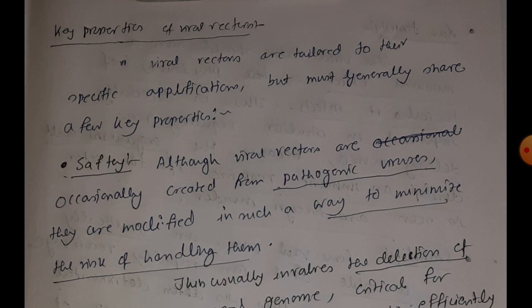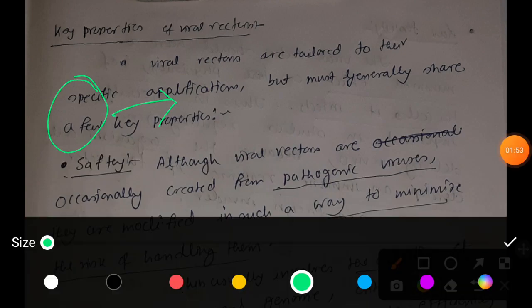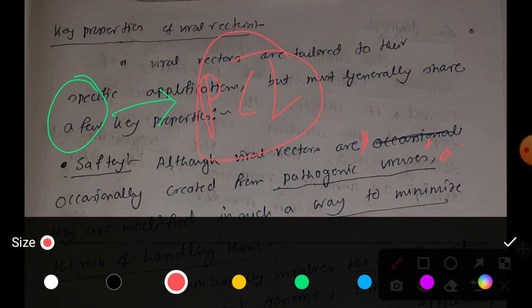Then we discussed the standard protocol of the recombinant viral vector. That includes, first of all, the genetic engineering of the virus, then the transfer of the viral vector to a packaging cell line for amplification purposes, and here the transfection is non-viral transfection.